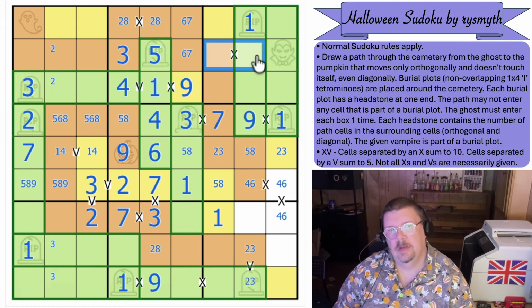What have we got going on here? It can't be 1, 9, and it can't be 3, 7. So it's 2, 8 or 4, 6. Can I see why it can't be one of those?